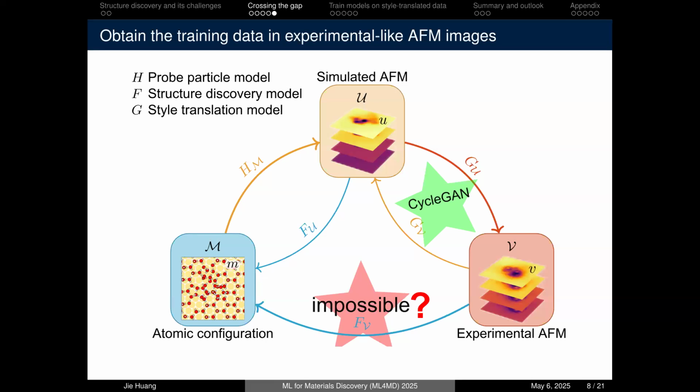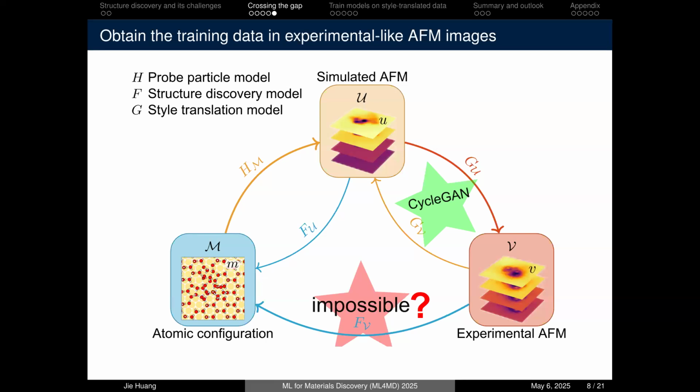Yes, we can do that. For example, here are two ways. You can get a generator from simulation to experiment, and at the same time you get a reverse style translation.